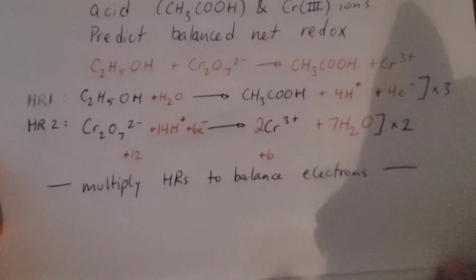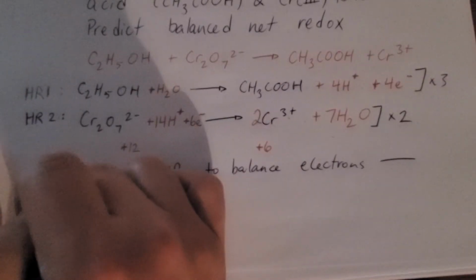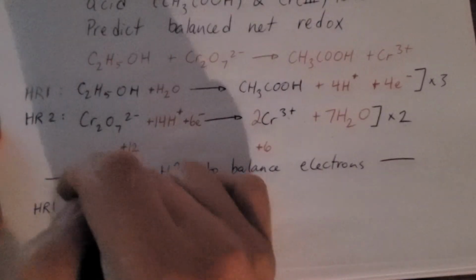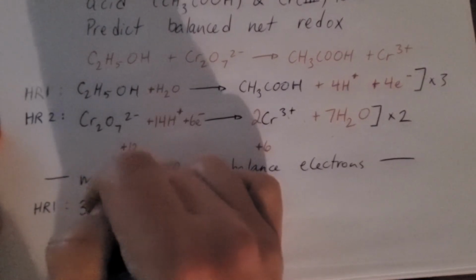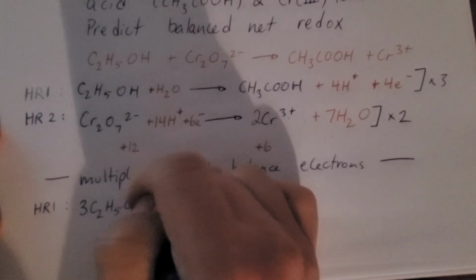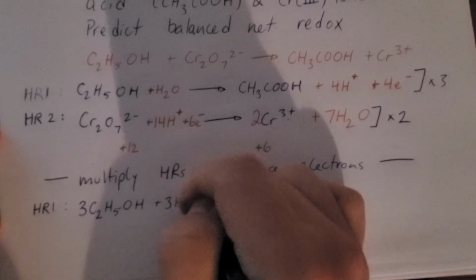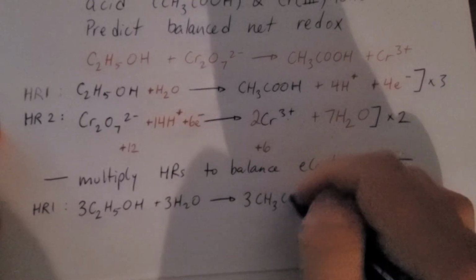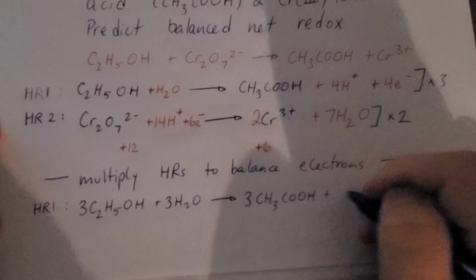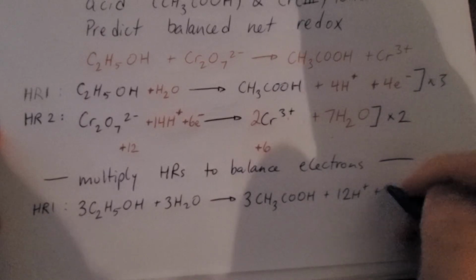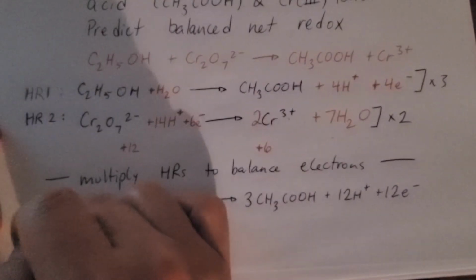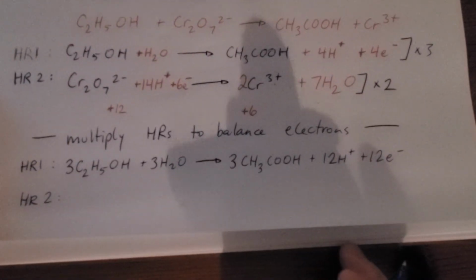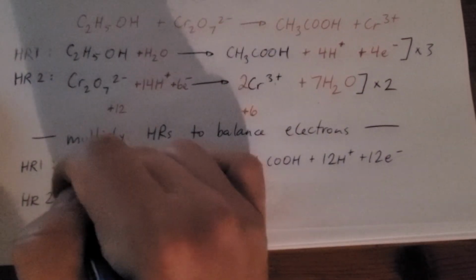Okay, I'm going to do this one step at a time. So let me rewrite out HR1, but multiplying everything by 3. All right, now I'm going to rewrite out half reaction 2, but multiply everything by 2.